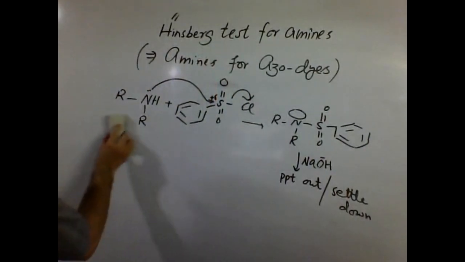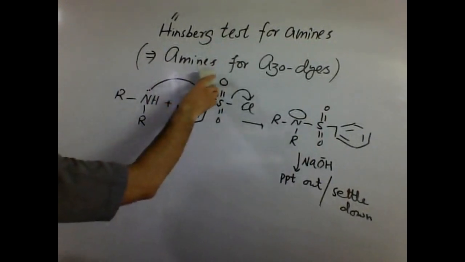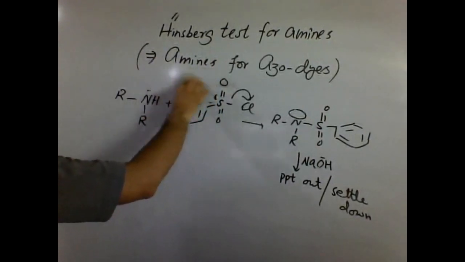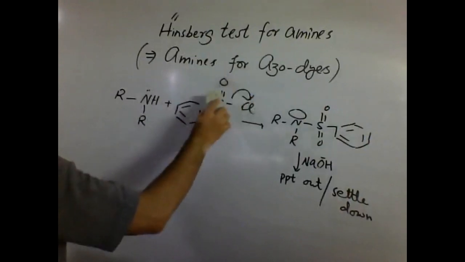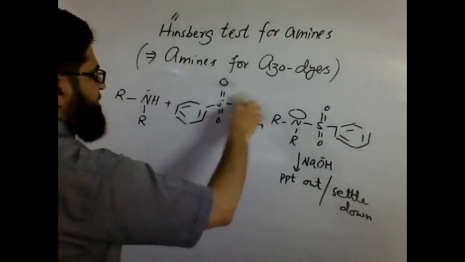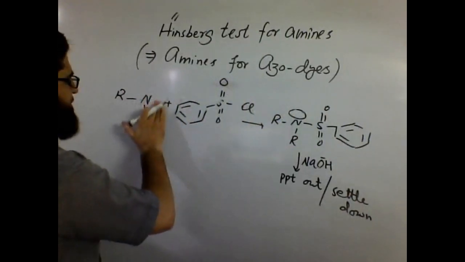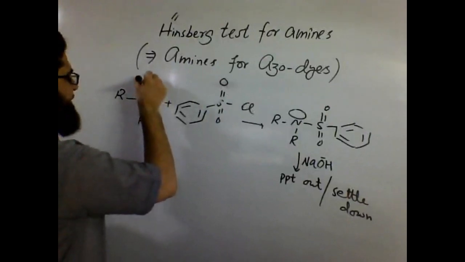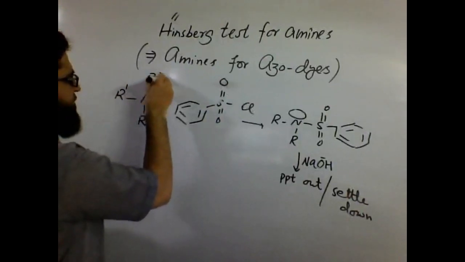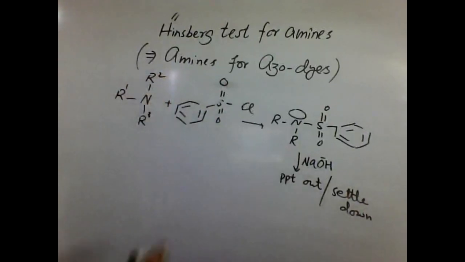Similarly, let me talk about option number 3, condition number 3. I would say that if you are given a sort of tertiary amine, where nitrogen already carries 3 R's, R1, R2, R3, one can go this way.